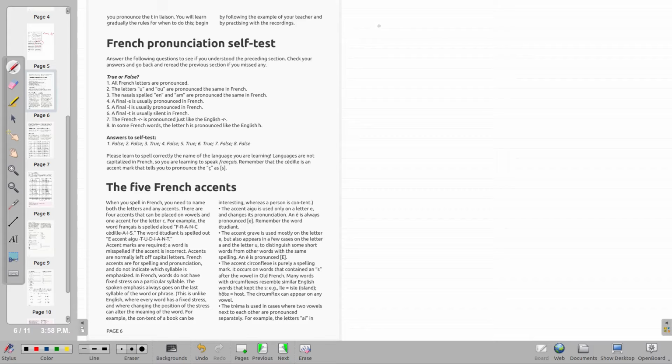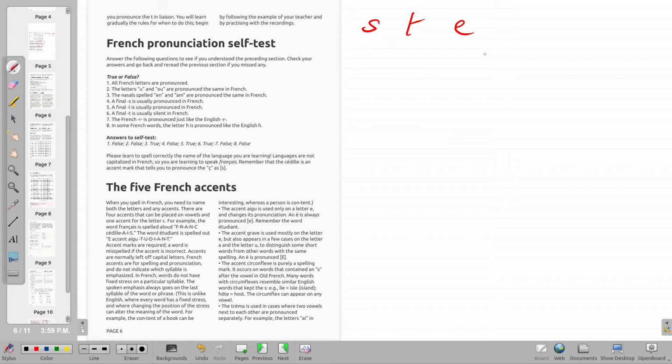Remember, we are trying to learn standard French here. Now, we have seen that certain letters like S or T or E and so on at the end of a word may not be pronounced. So depending on the position of a letter in a word, it may or may not be pronounced in French.